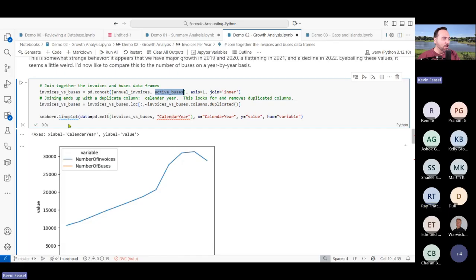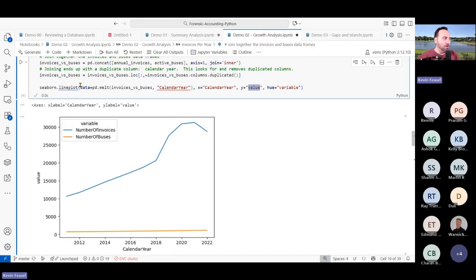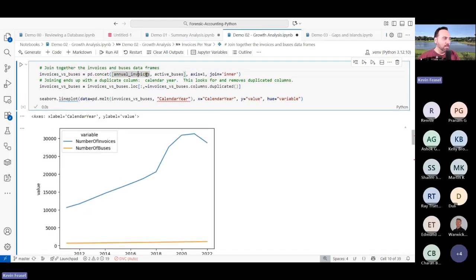And I'm going to build a line plot, basically combining together invoices versus buses. I want to have calendar year as my common axis here, as my x-axis. The y-axis will be the value, and my grouping is going to be based off of the variable, whether that is number of invoices or line items versus number of buses.